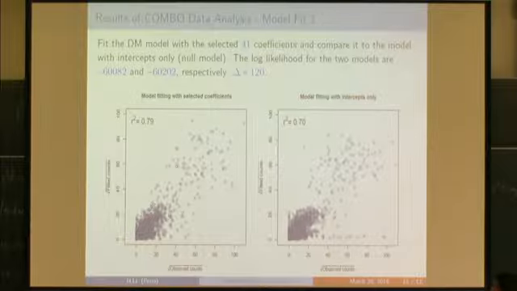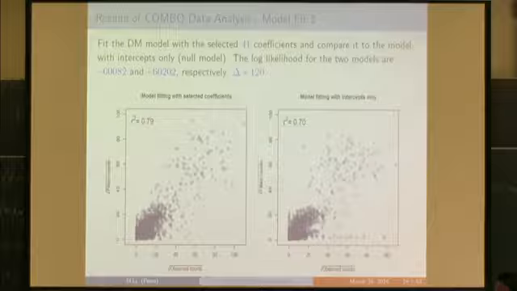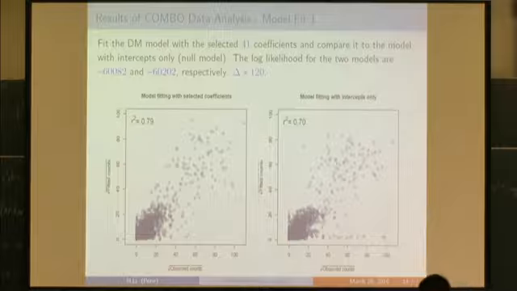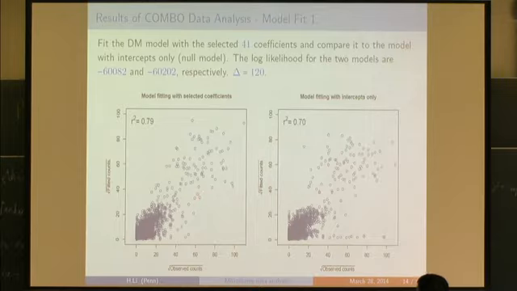This definitely improves the fit of the data. Now R square goes from 0.7 to 0.79. It changes the likelihood by 120. So I think the micronutrients certainly explain more of the variability of the data that you observed.